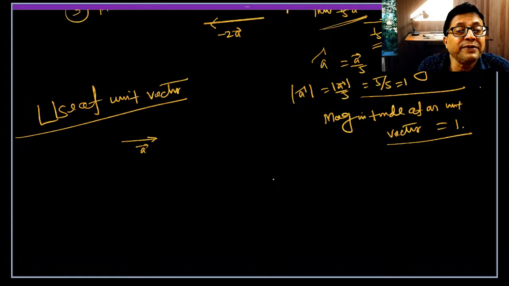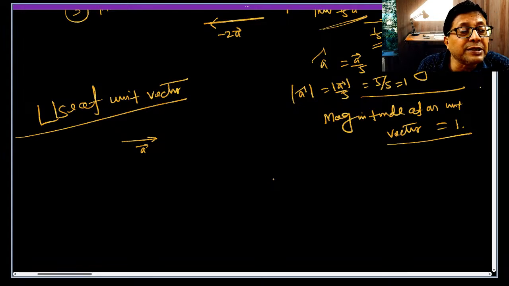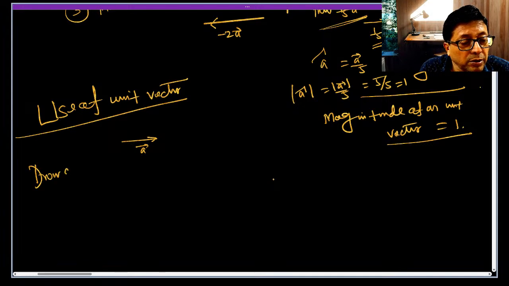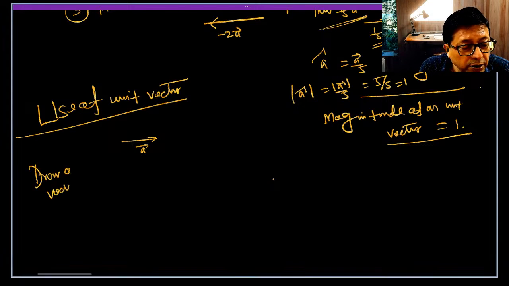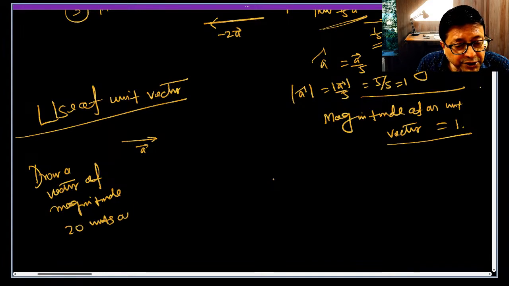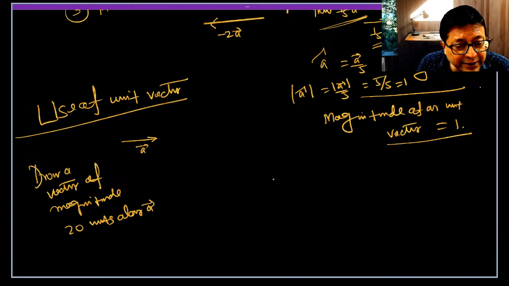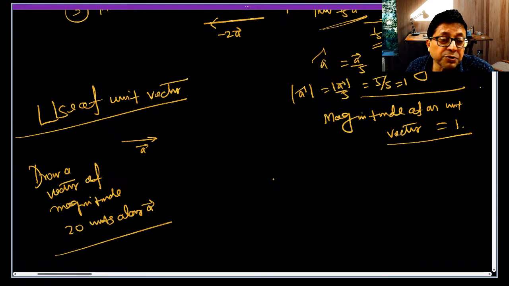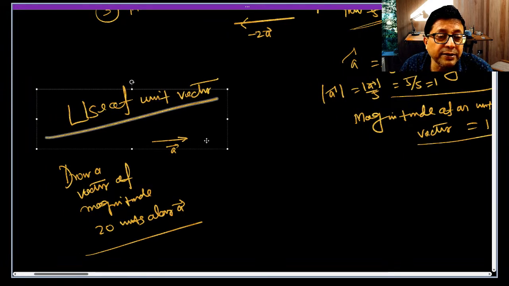The question is, draw a vector of magnitude 20 units along A. How can we do this? Only vector A is given.